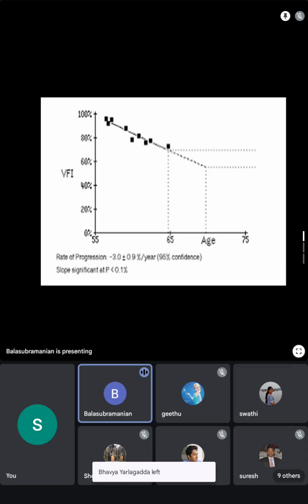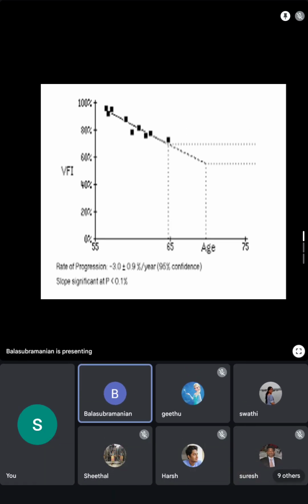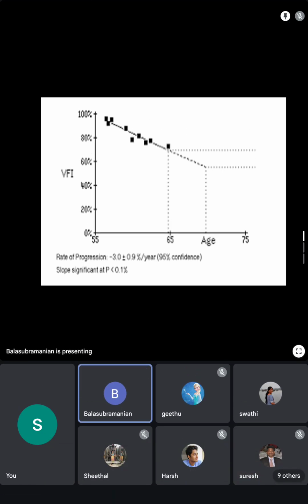Is it worsening very rapidly, or according to the age-related pattern? Is it equal to the age-related decline, or is it more? It is more. It is significant.